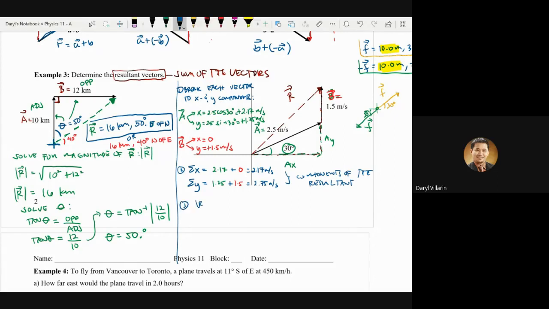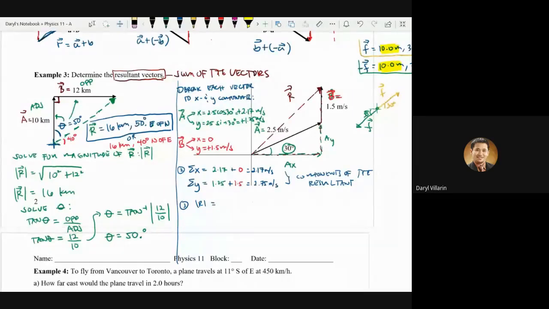magnitude of the resultant. So you just take the square root of the summation of x squared plus the summation of y squared. Again, I'm just going to write it for your reference. So the magnitude of your R will be the square root of the summation of all the x squared plus the summation of all the y squared, or that's the square root of 2.17 squared plus 2.75 squared.